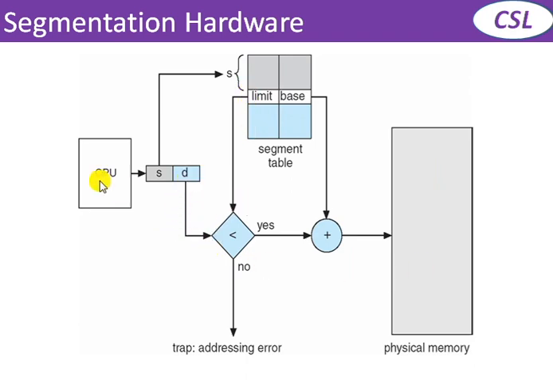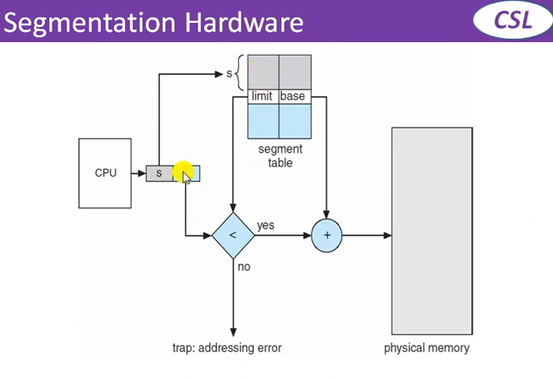For example, the CPU tries to access location 100, and the limit of that segment is 200. So for segment 1, let us say its size is 200 and the offset value is 100. The accessed address 100 is less than the total size, so it is possible.